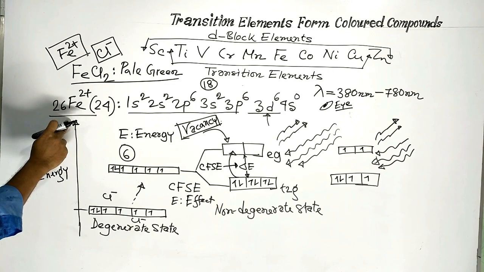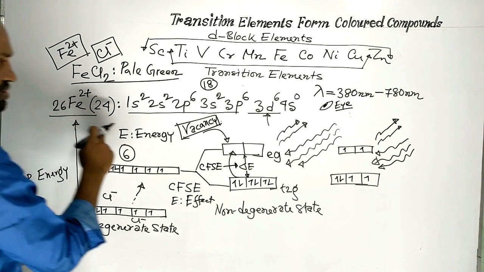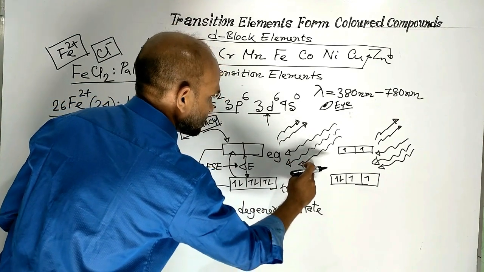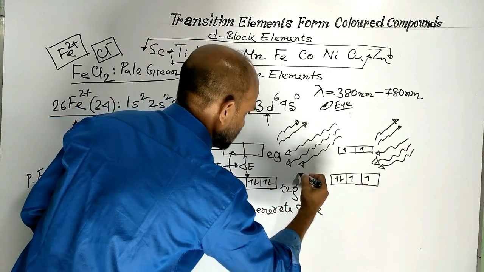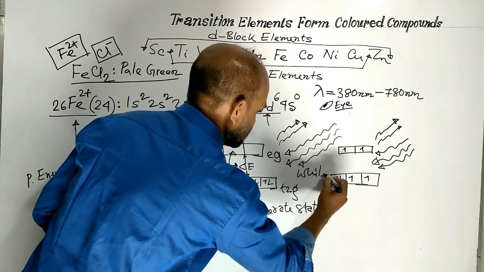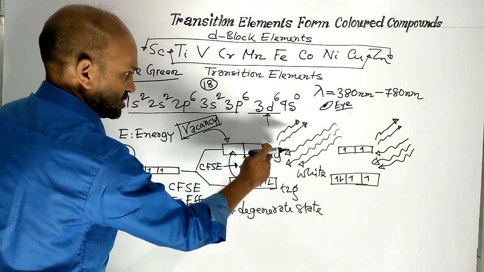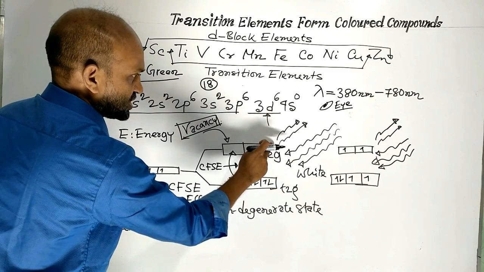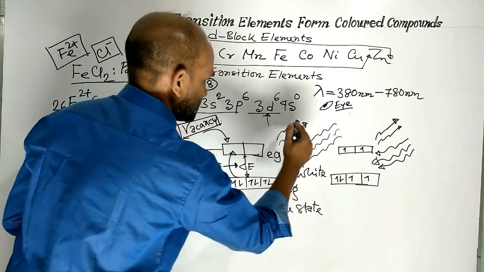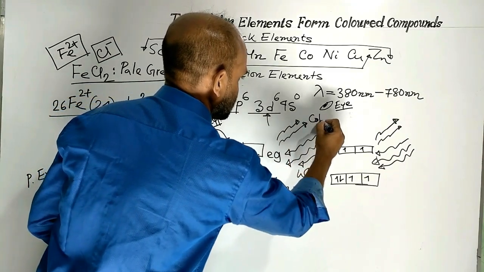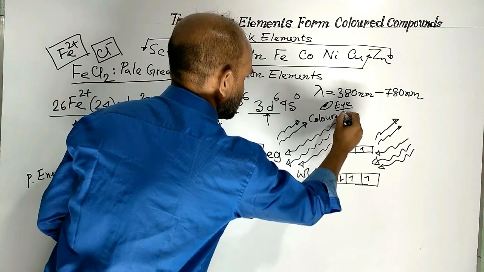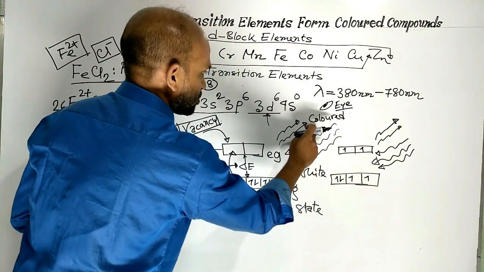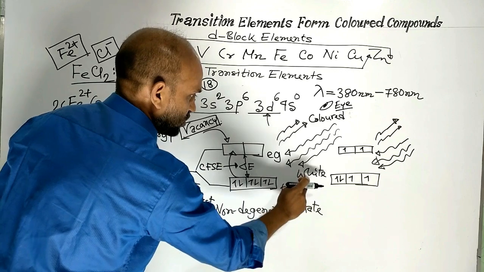ferrous ion, looks colored. Here, the color of the visible light region is white. But when partial reflection occurs, then it becomes colored. That is, this is the complementary color of white.